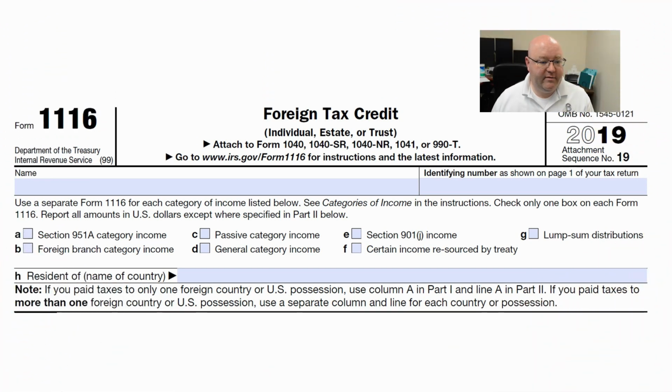This is the Form 1116, as we've talked about in the past video. This portion right here, where it says name and identification number, which of course is going to be your Social Security number if you're an individual, or if you're a trust, it'll be your EIN. But the 1116 has these 7 baskets, so to speak, and that's a term that's widely used in the industry, where they talk about these different types of baskets.